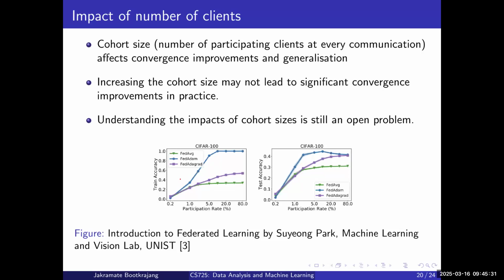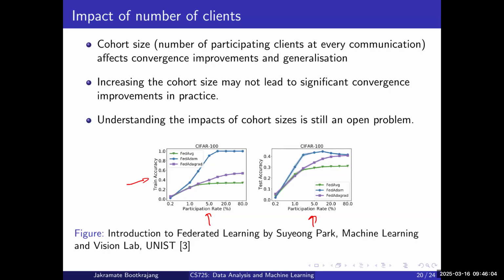So what we learned is that they try different participation rates and they test them with the test accuracy. So what do you mean by participation rate? If it's one, it means that if you have 100 devices, at each iteration, only one device will participate in the update. And it's clear that the more participation you have, the better accuracy you would get.